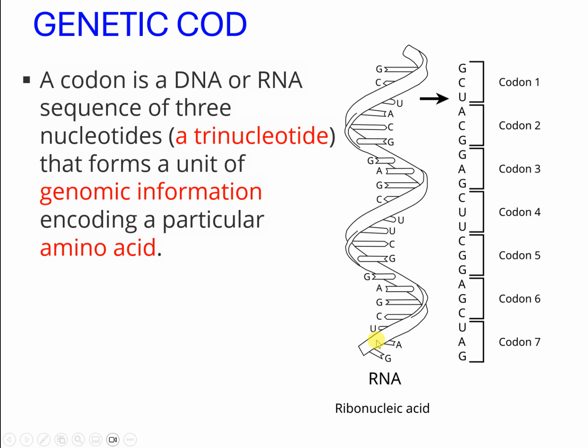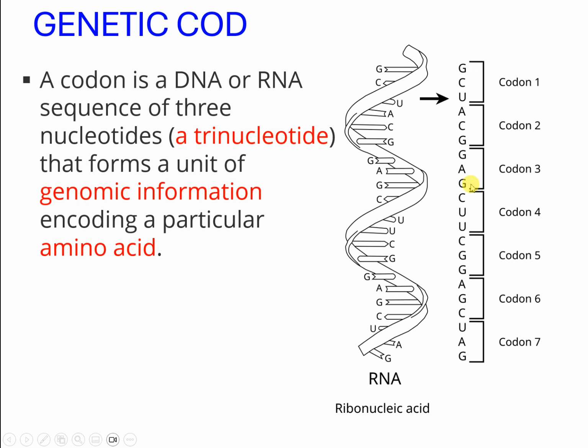This is a segment of DNA, and this is a segment of RNA. What is a genetic code? The genetic code is made of codons that are present either on DNA or on RNA, and a codon consists of three nucleotides. So a trinucleotide is a codon.